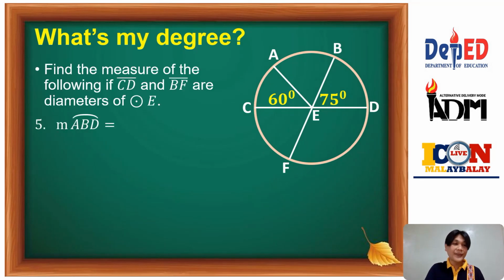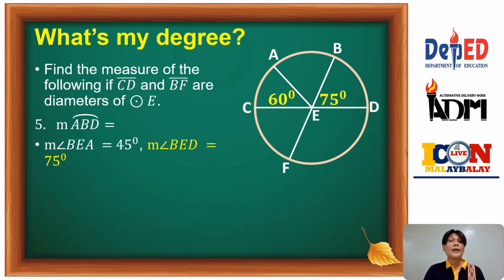Number 5. Find the measure of arc ABD. I hope you can still remember the arc addition postulate. To solve, we are going to find the measure of angle BEA, which is 45 degrees as we solved in number 1, and the measure of angle BED, which is given as 75 degrees.